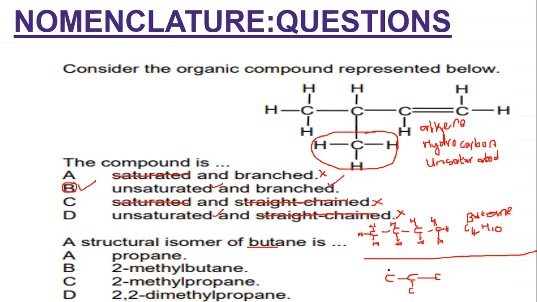Then my hydrogens, we can see it will be 1, 2, 3, 4, 5, 6, 7, 8, 9, 10. Right. So this is definitely an isomer of butane. It's C4H10.